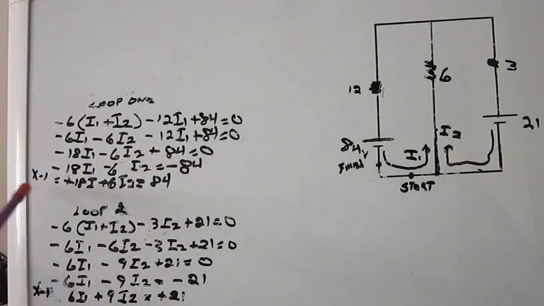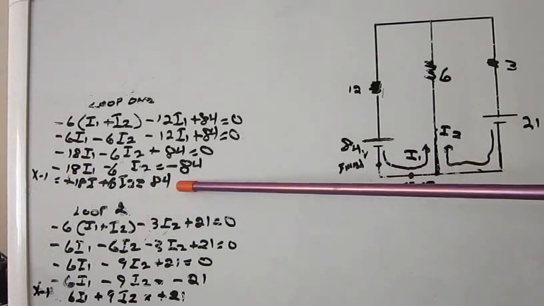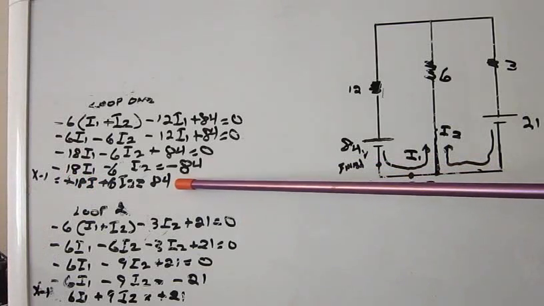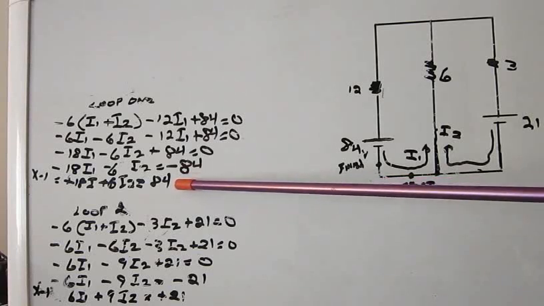To get all positive terms, we simply go ahead and multiply by a minus 1. That gives us plus 18 I1 plus 6 I2 is equal to 84. This is the final form of loop equation number 1. It can be solved otherwise, by other methods, but the whole key here is we want all positive values to work with.